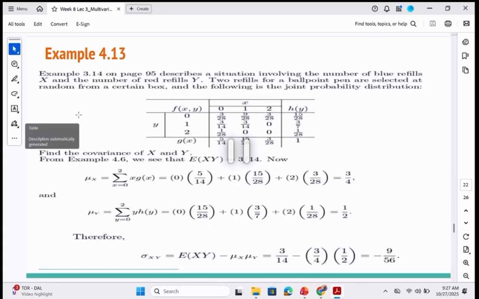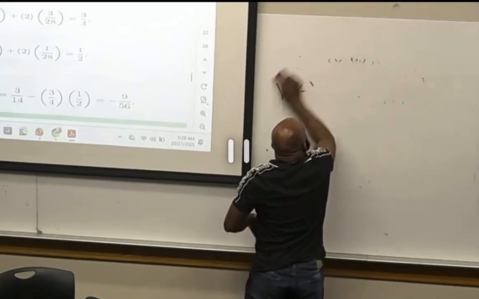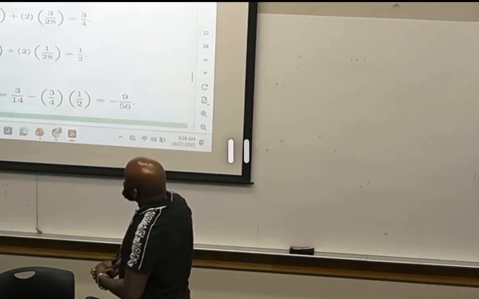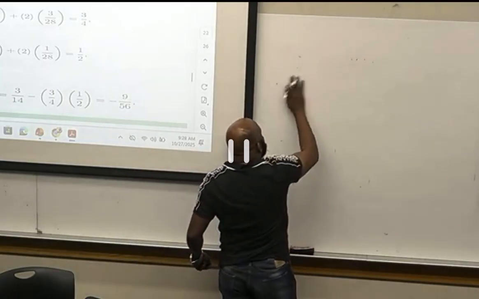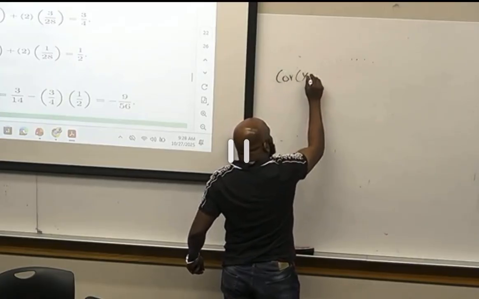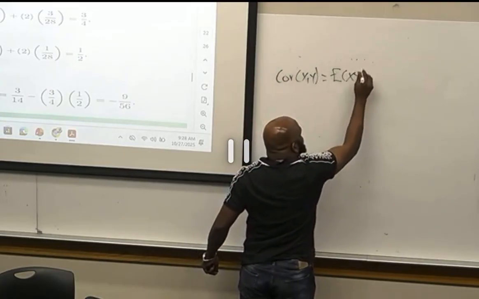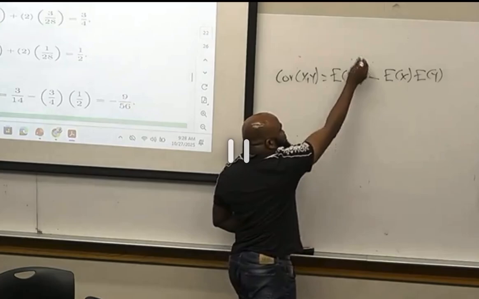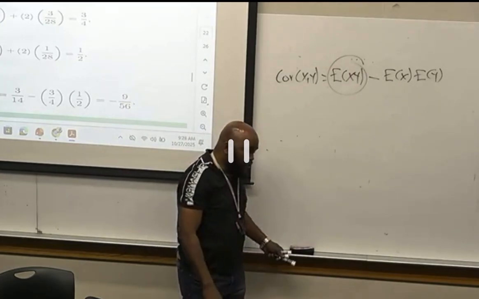If I want to find the covariance of X and Y, what am I actually going to do? Based on what you see in the table, the covariance is the expected value of the product minus the expected value of X times the expected value of Y. I need to first find the expectation of the product.